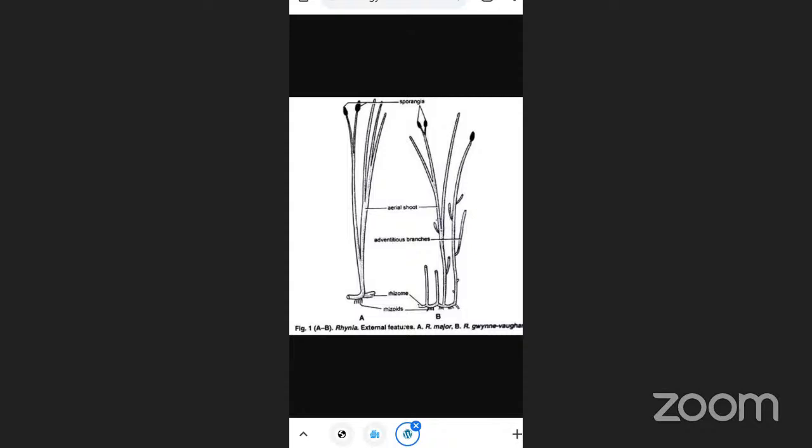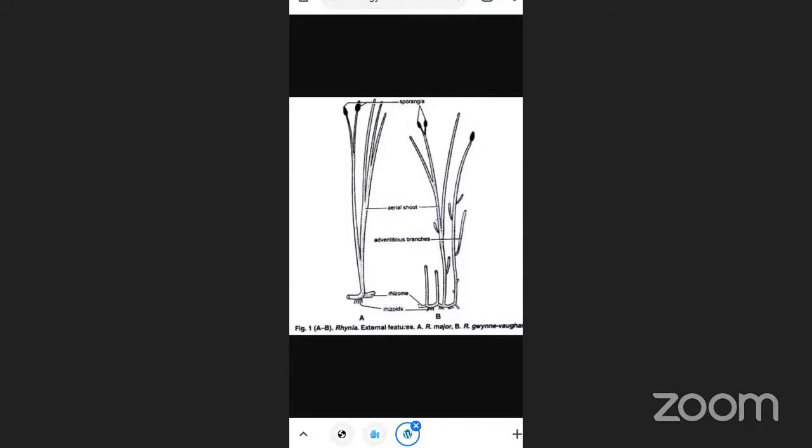The Rhynia, Lycopodium, Equisetum, Marsilea belong to the sporophyte, where Rhynia is a very primitive sporophyte. Rhynia classification: the class is Xylophytopsida and order Xylophytales. Family is Rhyniaceae. Genus is Rhynia.